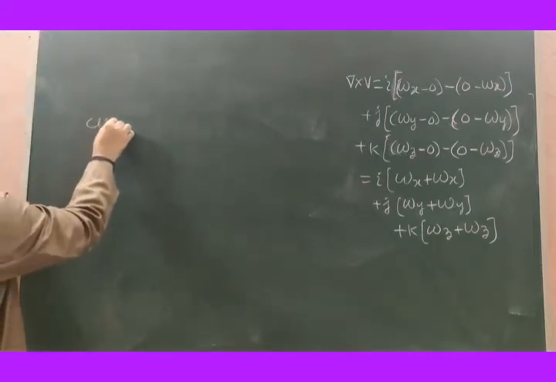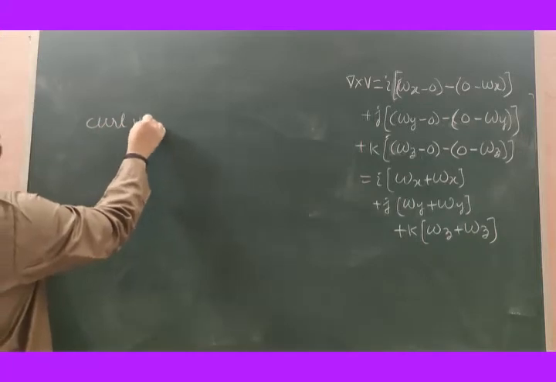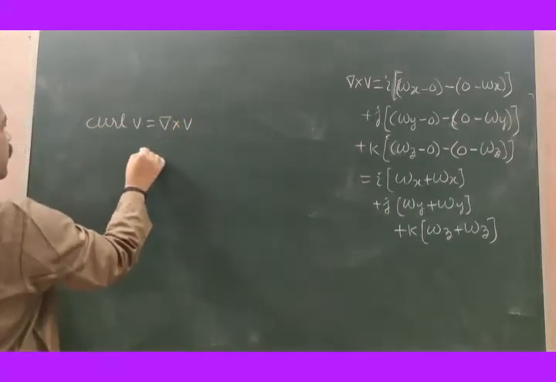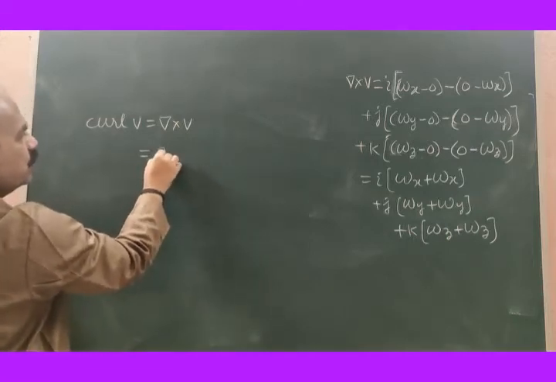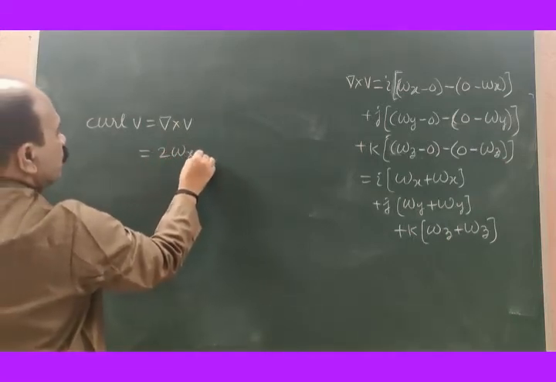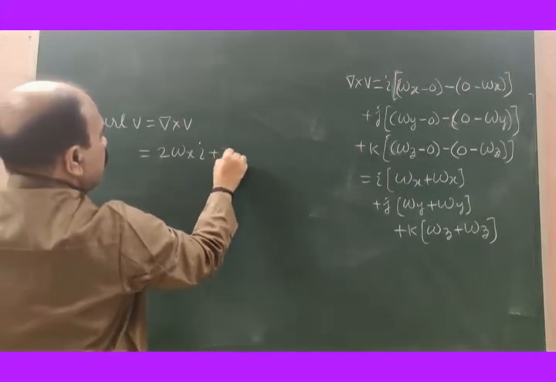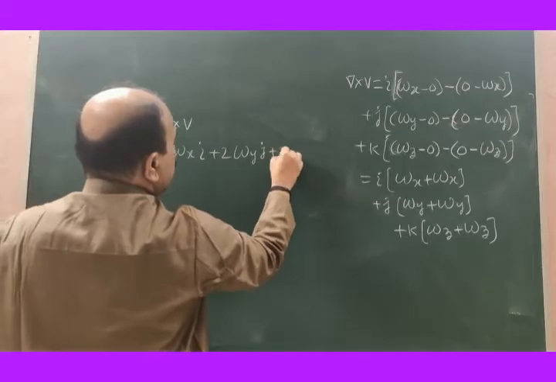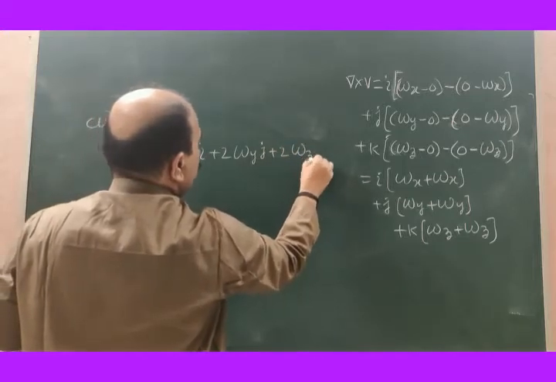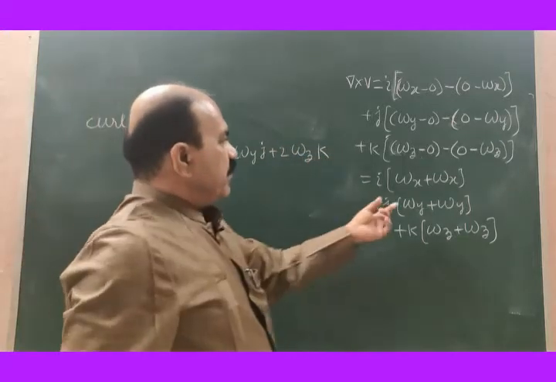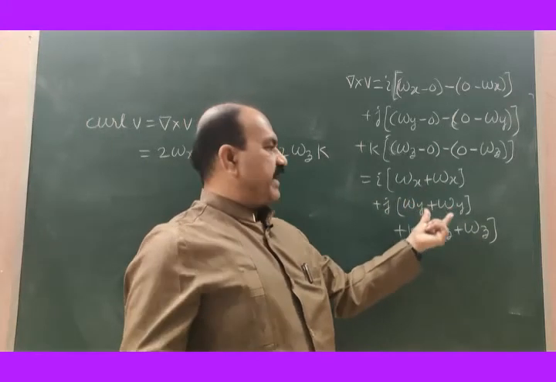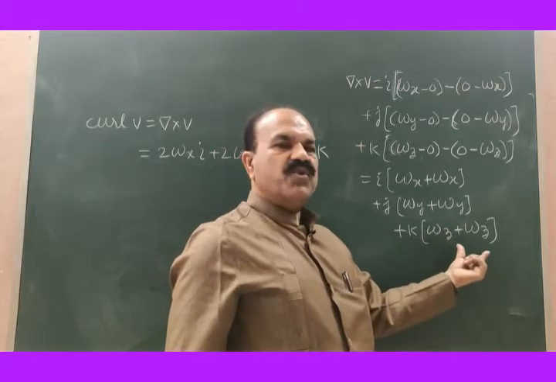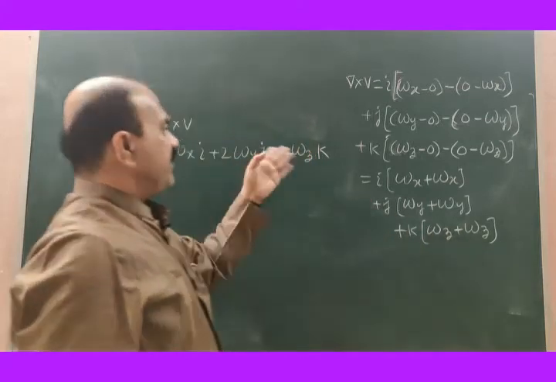Curl V or del cross V is equal to 2 omega x i plus 2 omega y j plus 2 omega z k. Omega x plus omega x is 2 omega x, omega y plus omega y is 2 omega y, omega z plus omega z is 2 omega z, that I have written here.